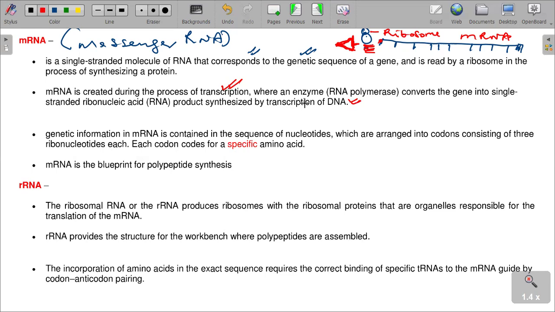Genetic information in mRNA is contained in the sequence of nucleotides. I'm sure that you know nucleotides are the building blocks of what? Of nucleic acids.